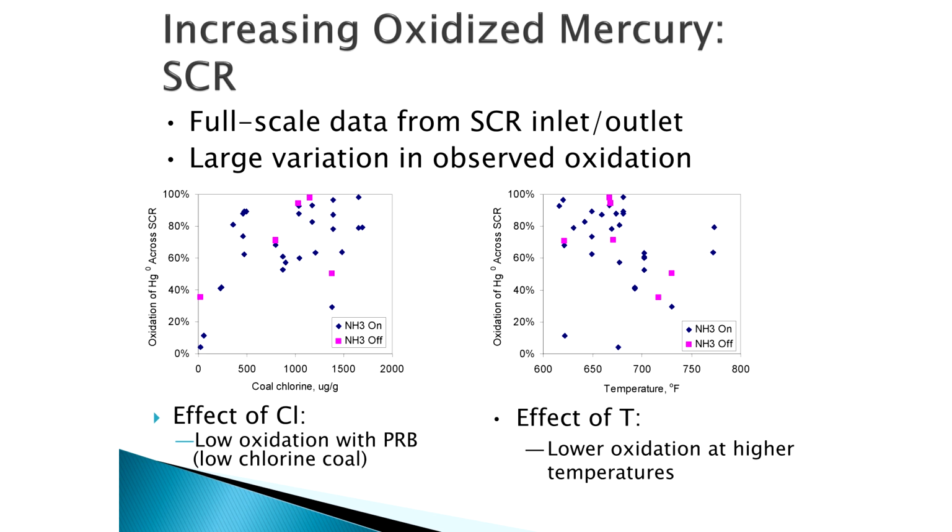This kind of goes counter to what's happening for NOx, because in SCRs, as the temperature goes up, NOx destruction efficiency goes up, but it's the opposite with mercury.